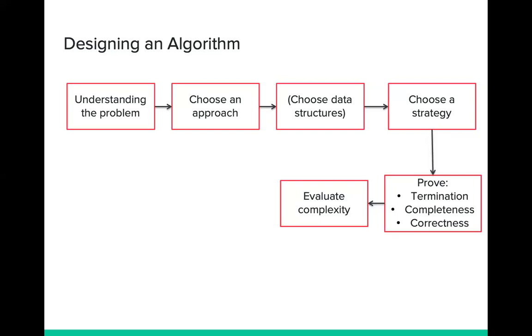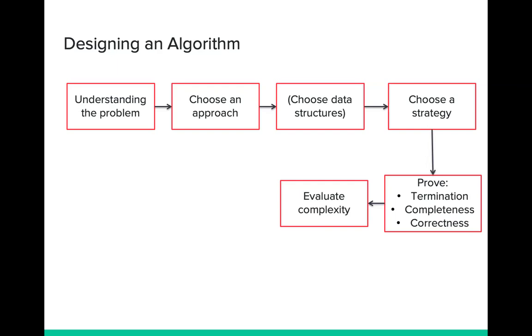Now we can evaluate its complexity. The complexity may be in terms of the time, or the computational resources that are used, or the memory. If the algorithm takes a lot of time to run, then it is not ideal, right? Compare an algorithm that executes in 5 seconds to an algorithm that executes in 30 minutes.